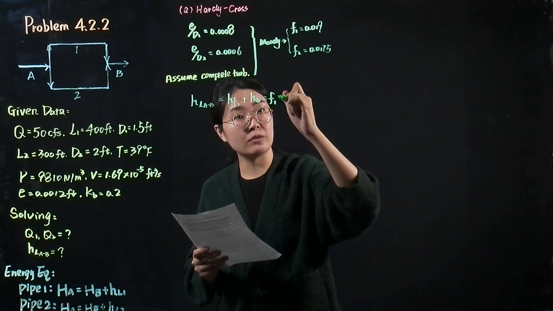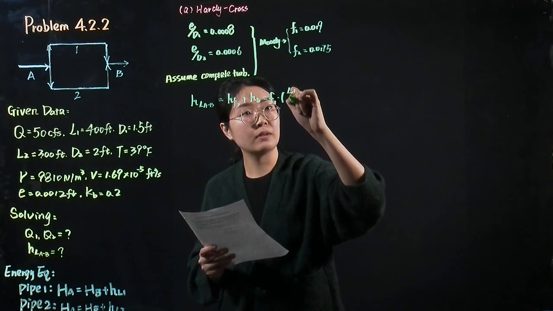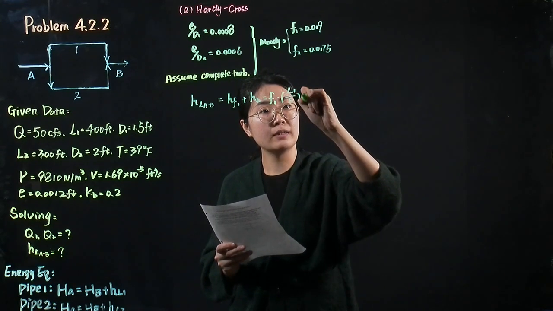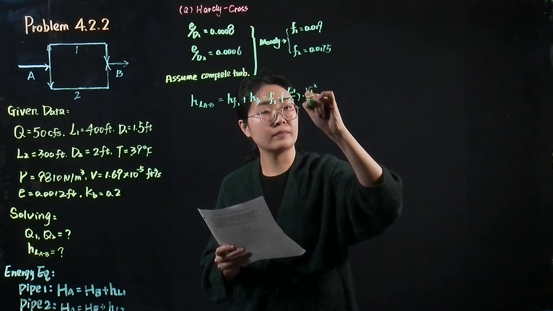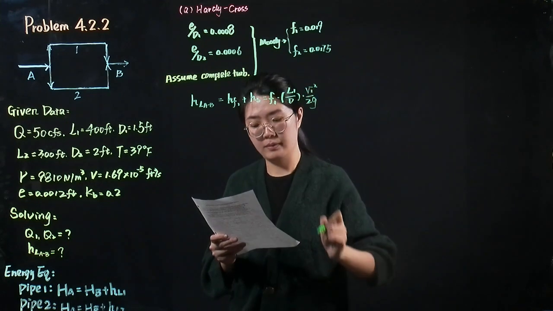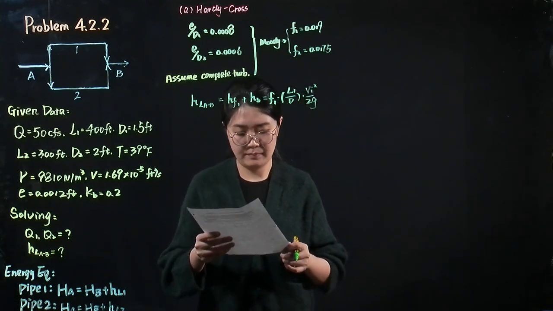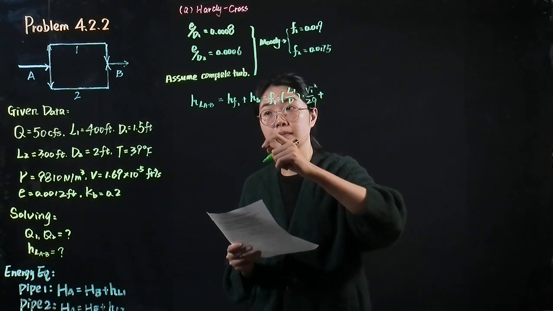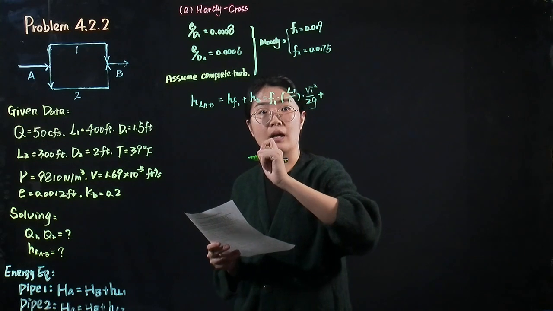It equals the friction factor times the length over diameter times velocity squared over 2g, plus the bend loss.